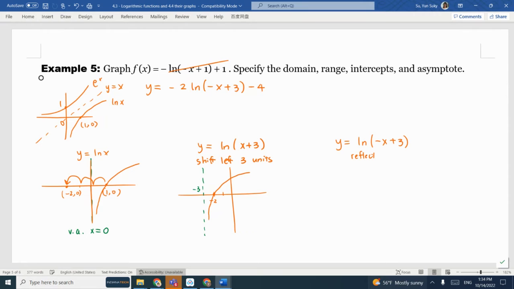So this is reflection over the y-axis, which means this point flips to the point, what's it? 2, 0. Yeah, this point flips here, 2, 0. Do you see this point? It stays there, right? Mirror image.